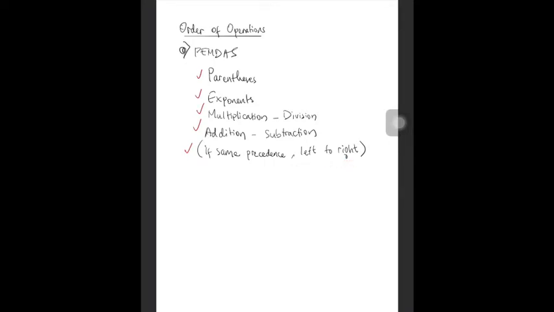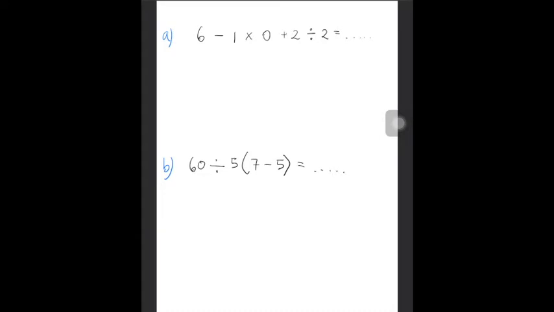So when you see this number here, okay, A: 6 minus 1 multiplied by 0 plus 2 divided by 2, as an algebra operation, and number B: 60 divided by 5, parentheses, 7 minus 5, right? So guess what the answers will look like.